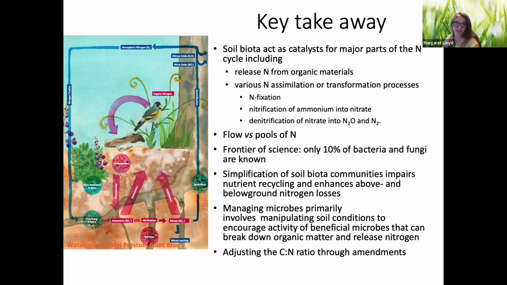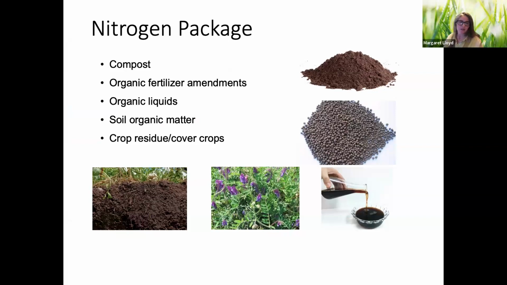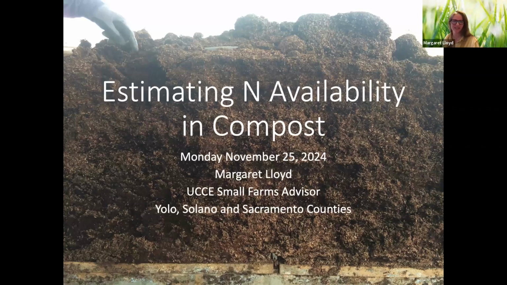And adjusting the C to N ratio through amendments is a significant way to do this. So today we're going to be focused on these aspects of the nitrogen package: compost, fertilizer amendments, liquids, and cover crops. We covered soil organic matter with Daniel last week. How to estimate nitrogen availability in compost.